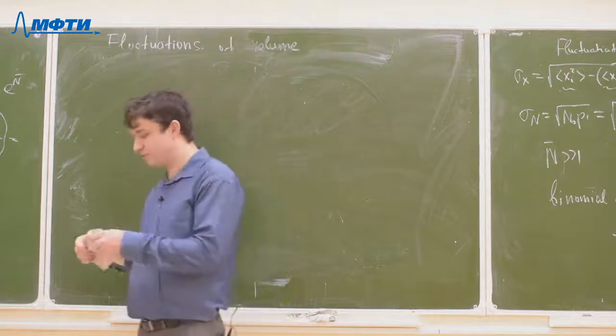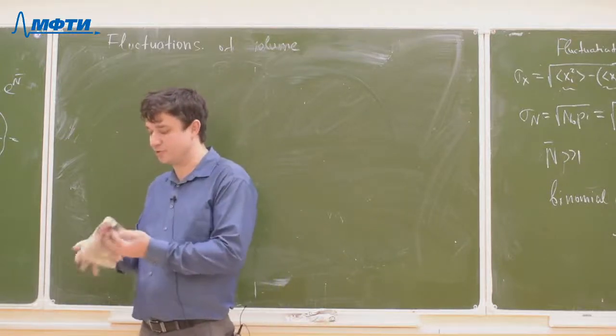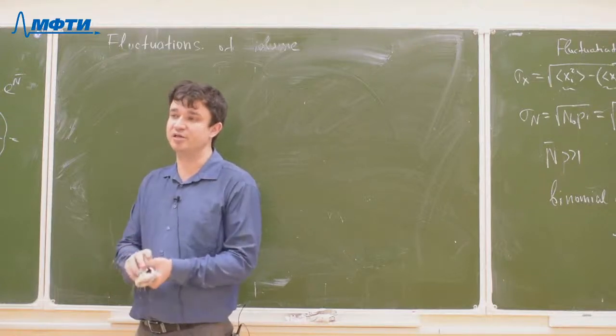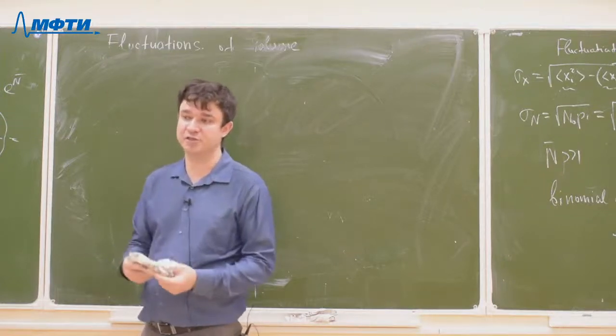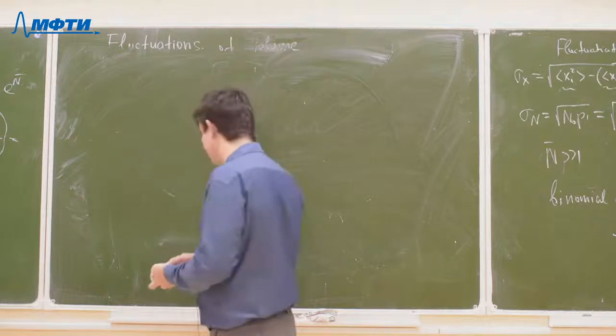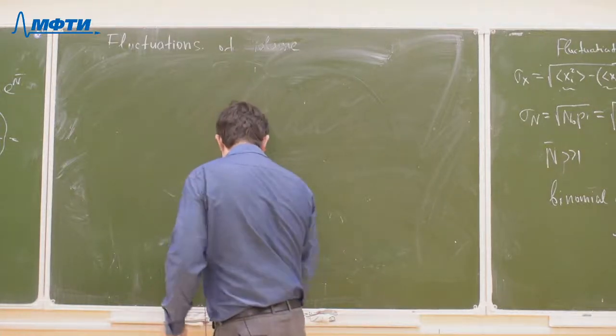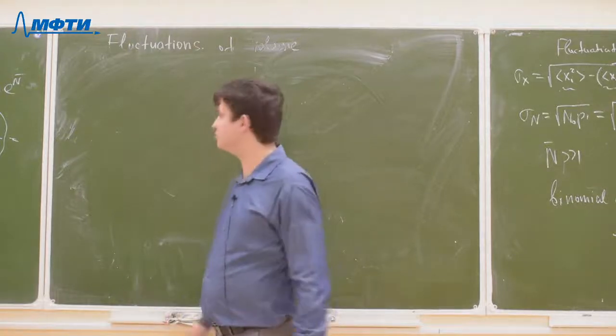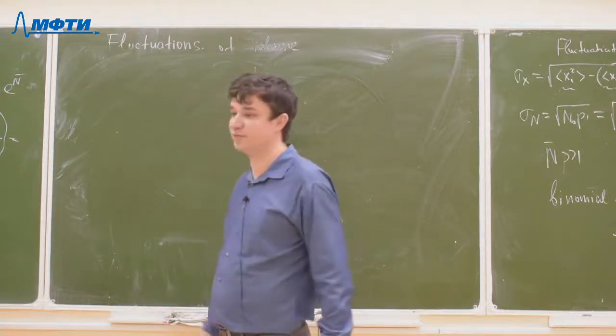And I believe the rigorous introduction to fluctuations of thermodynamic quantities should be done in the course of theoretical physics and statistical physics as a part of such course. That's why I allow myself to do some tentative introduction to the fluctuations of volume.